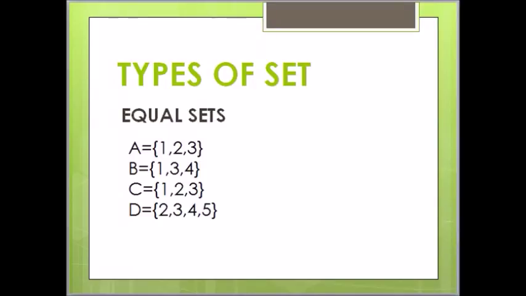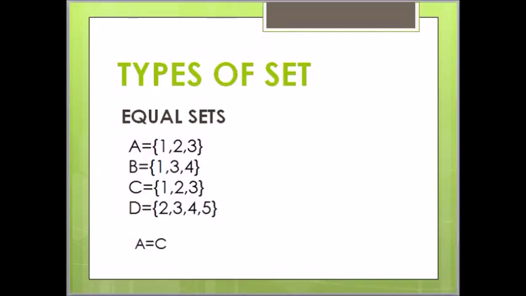Looking at these 4 sets, we can say for sure that D is not equal to any of the sets A, B, or C, because D has 4 elements and the rest of them have 3 elements. Now among A, B and C, we can see A and C both have the same number of elements as well as the same elements: 1, 2 and 3. Therefore A equals C.